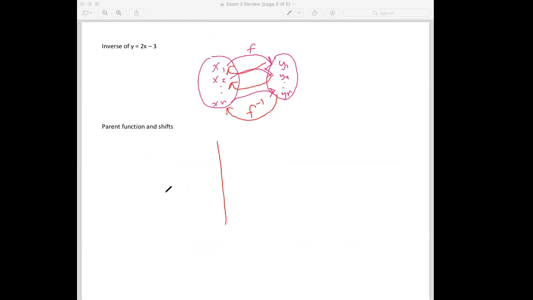I don't want that to confuse anybody, but here's the domain of f and here's the range of f. So if you have a function like this, that could be your function. Its inverse is going to have outputs that look like that.